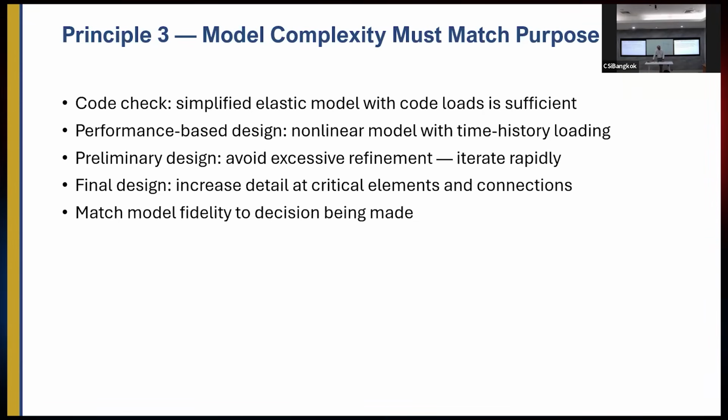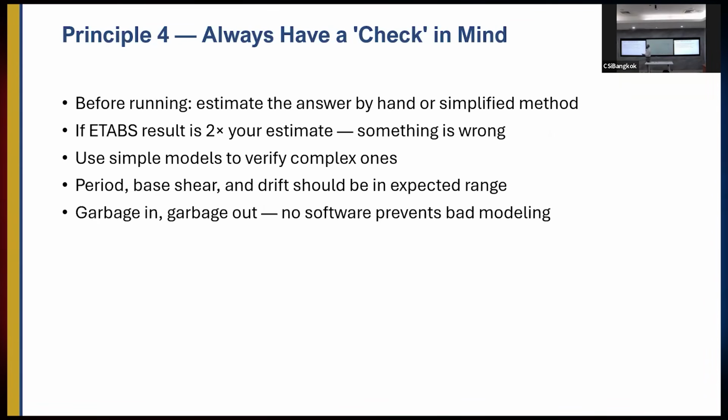As I mentioned before with AI, the answers are there, but you have to have the questions. If you don't have the right question, you don't know what you're looking for, and all kinds of answers will come up. So make sure that you have the right questions before you do the analysis. Always have a check in mind. Before you do the analysis, you should already know the answer. If you don't know the answer, you will never know whether what you're getting is correct or not.